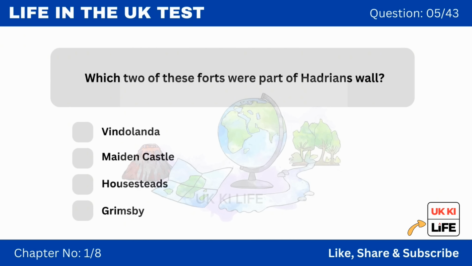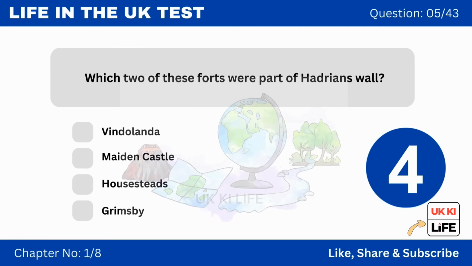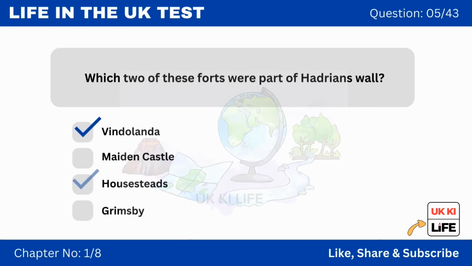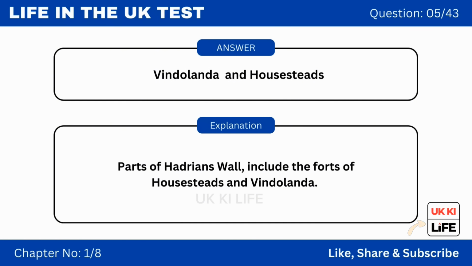Question 5. Which 2 of these forts were part of Hadrian's Wall? Vindolanda, Maiden Castle, Housesteads, Grimsby. The correct option is A and C. Explanation. Parts of Hadrian's Wall include the forts of Housesteads and Vindolanda.